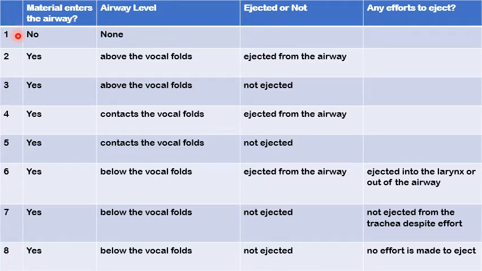Starting with 1, in which there is no aspiration, the material does not enter the airway, the examination is normal, and the most severe form of it, number 8, in which there is silent aspiration, the aspirate material goes all the way below the vocal folds into the trachea or even the bronchi, is not ejected, and there is no attempt at cough because there is failure of the sensory as well as the motor mechanisms to clear the airway from aspiration.